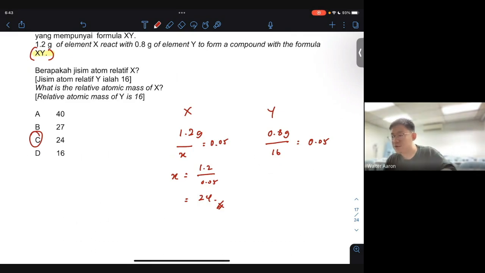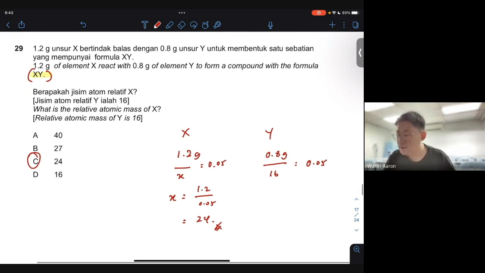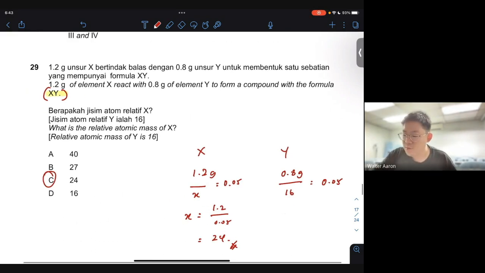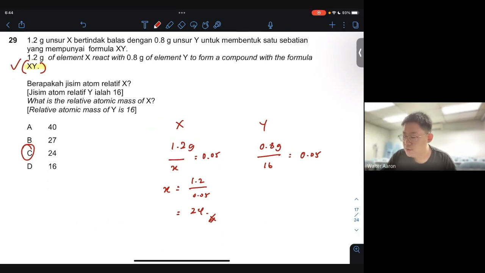Now, this question is very simple. What I did is that I got the formula already, so I'm reversing the empirical formula method just to get back the relative mass of X. That's why I draw this table. When I compare the ratio, I have the information for Y, so I just divide straight away and get 0.05.